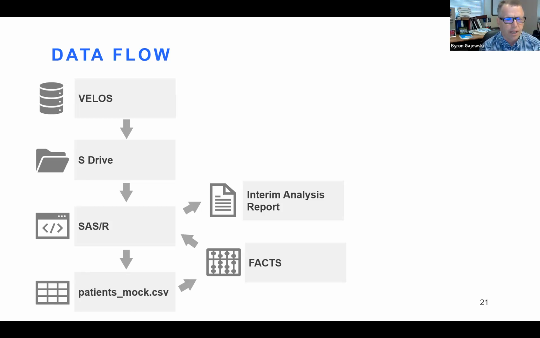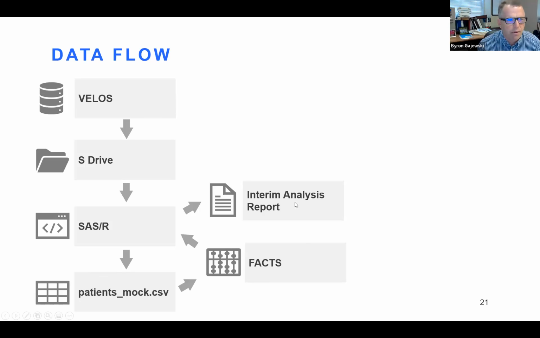It's very, very flexible. The FDA respects the software program. You can design it, simulate from this software, and you can also run analyses in the software. And that's what we're doing here. We're pulling the mock data into FACS, and then in FACS, we're running the analysis of where our design took place. Then we're pulling a report in SAS and R, and filling that into an interim analysis report.